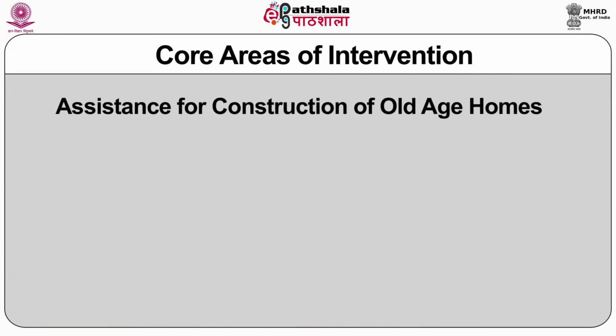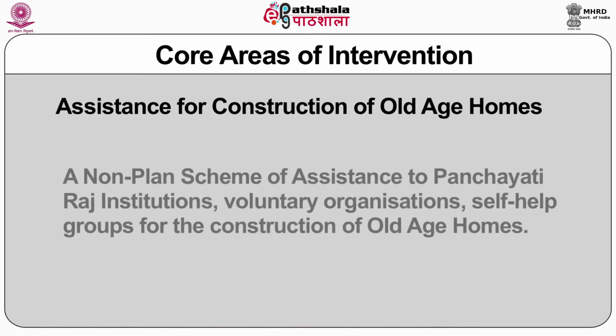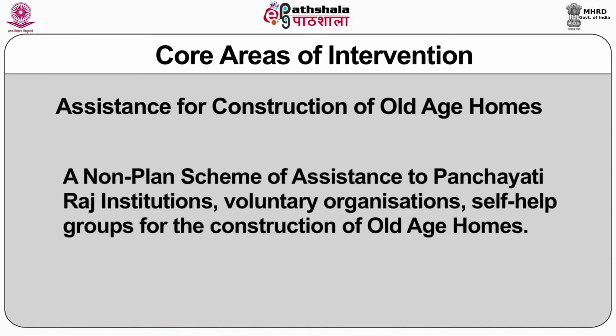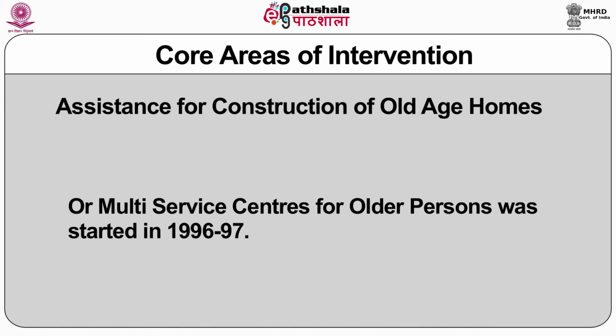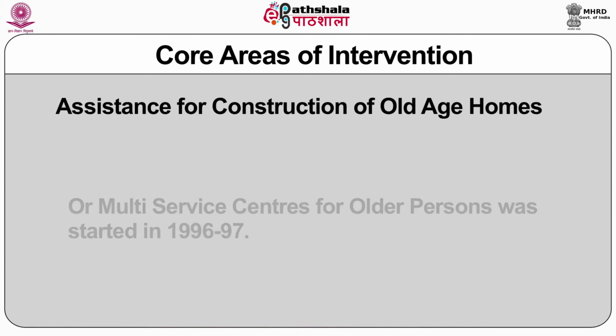Now we'll look at assistance for construction of old age homes. A non-planned scheme of assistance to Panchayati Raj institutions, voluntary organizations, and self-help groups for the construction of old age homes or multi-service centers for older persons was started in the years 1996-97.